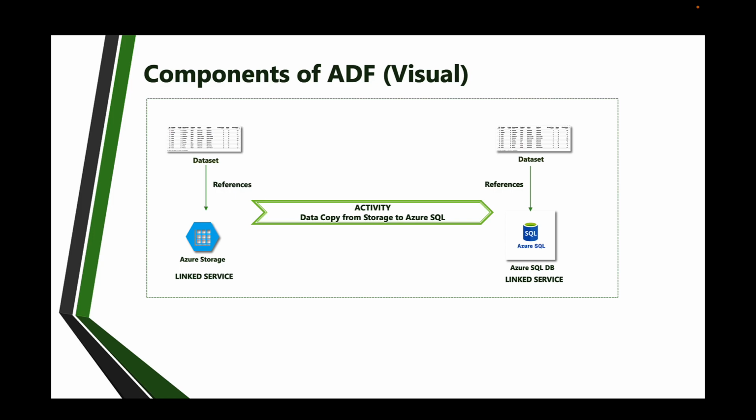Let's say I want to read a CSV file, get that data, transform it and put it into an Azure SQL. That whole thing would be represented by an activity. An activity uses the linked services and the data sets we have defined, and that's how the whole orchestration comes into picture.